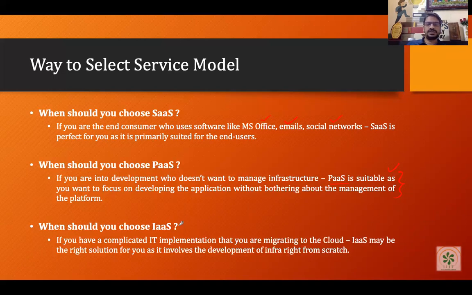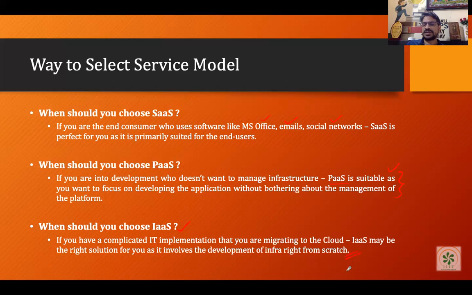The last one is called infrastructure as a service. Who will choose infrastructure as a service? If you have a complicated IT implementation that you are migrating to the cloud, infrastructure as a service can be the right solution for you, as it involves developing the infra right from scratch.